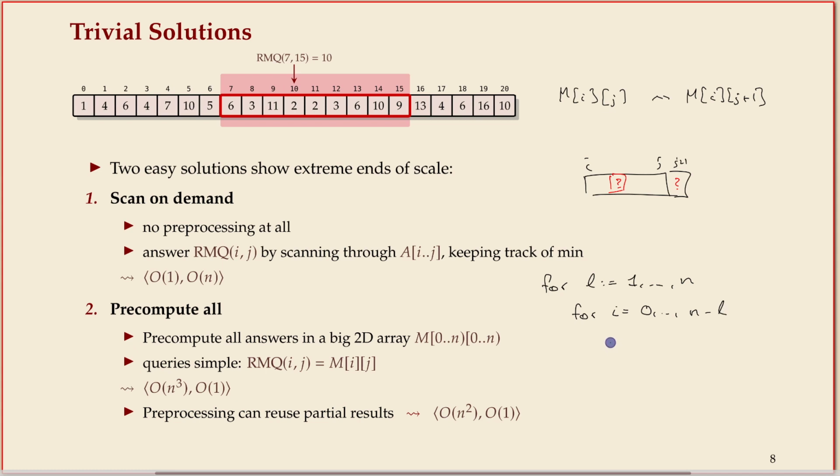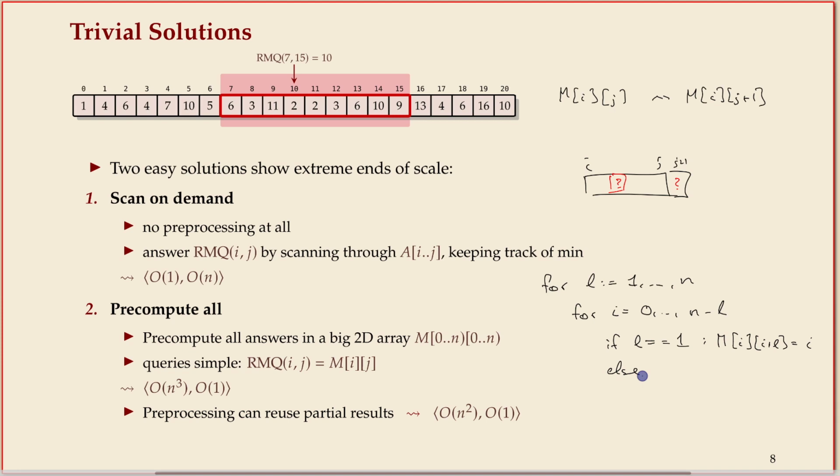And then I guess we can do a case distinction. If the range is just 1, then I'll store at I, I plus l, I'll store I. That's the index of the minimum if I just have a single element.